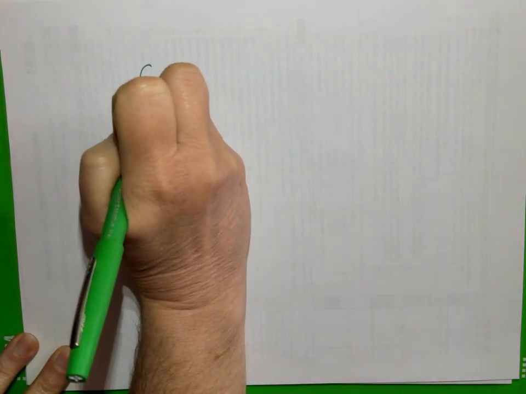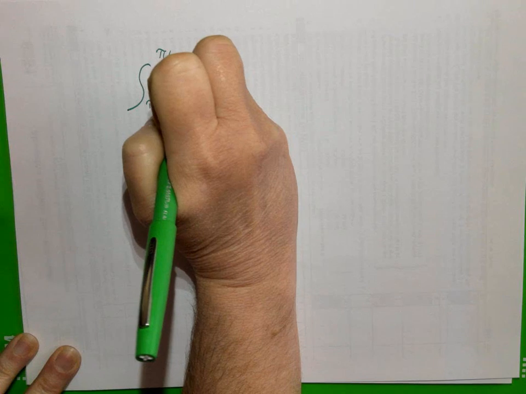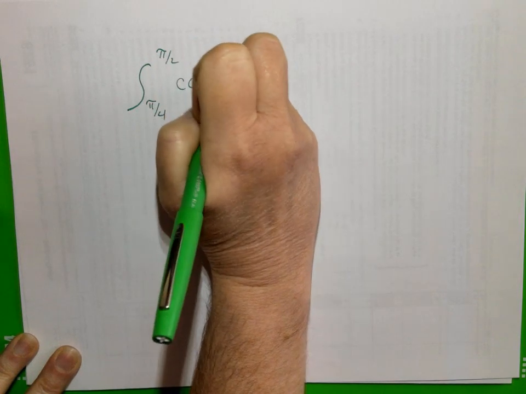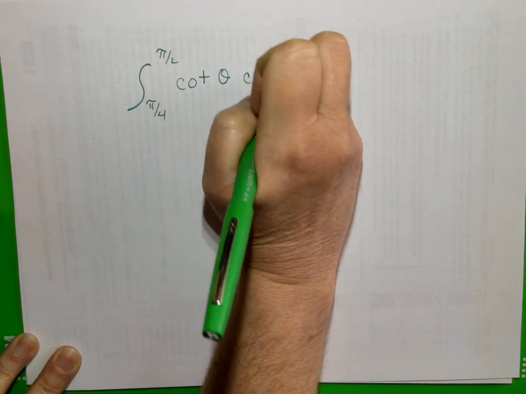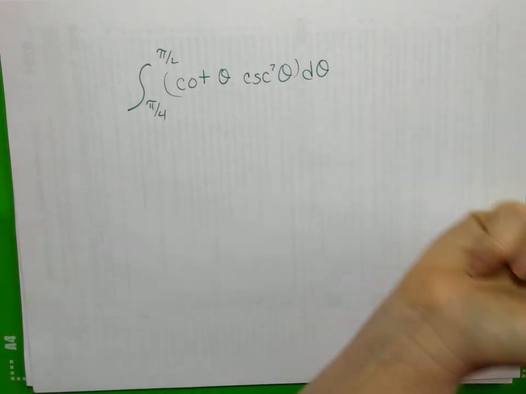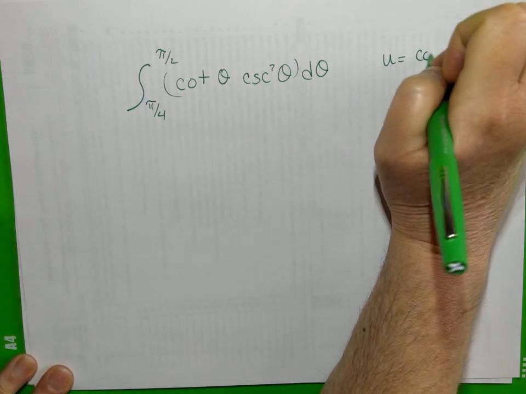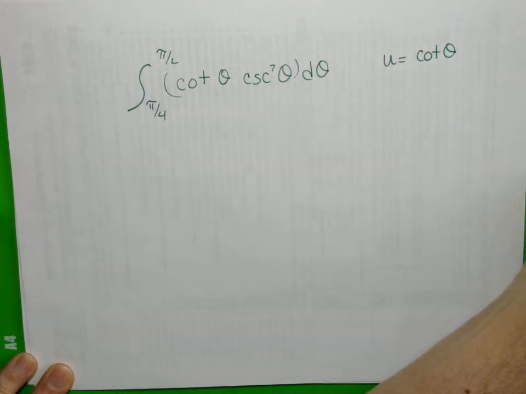This one is for Ben, who loves trig functions. So here it is. We have the integral from pi over 4 to pi over 2 of the cotangent of theta cosecant squared theta d theta. All right, and again, I'm just going to tell you that u is the cotangent of theta.